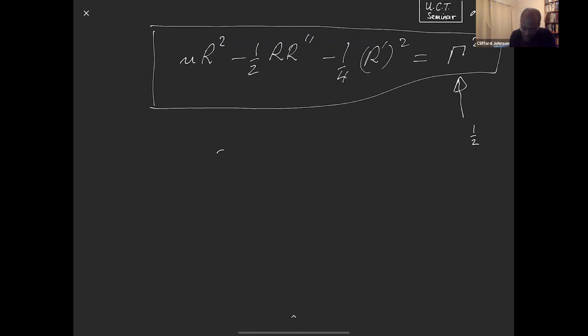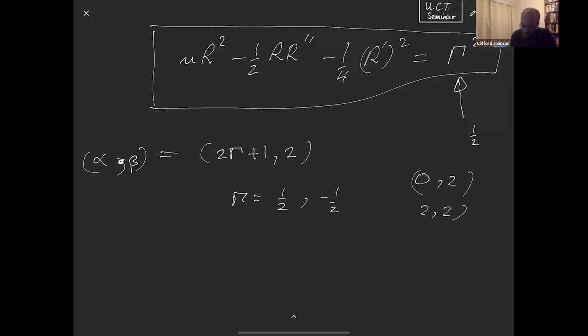It turns out that alpha, beta equals that. And so in the case of gamma equals 1/2 or minus a half, you land on the 0, 2 and 2, 2 models. And I showed precisely how you can build everything out of that.